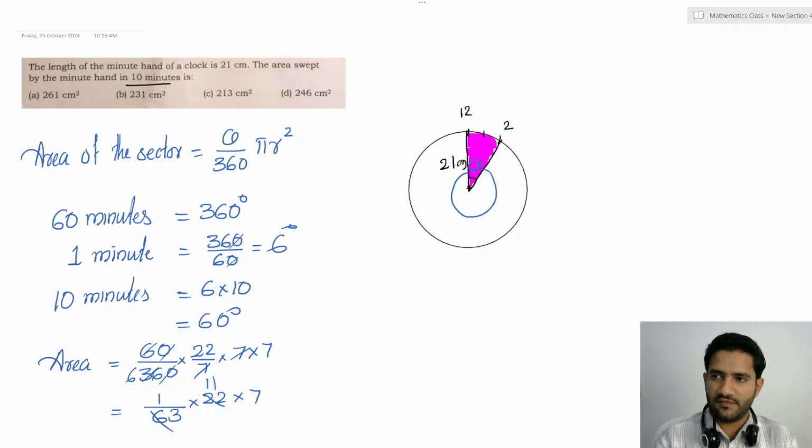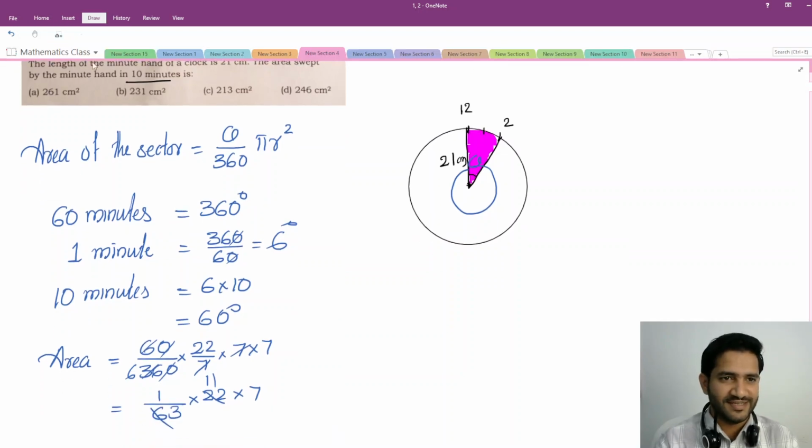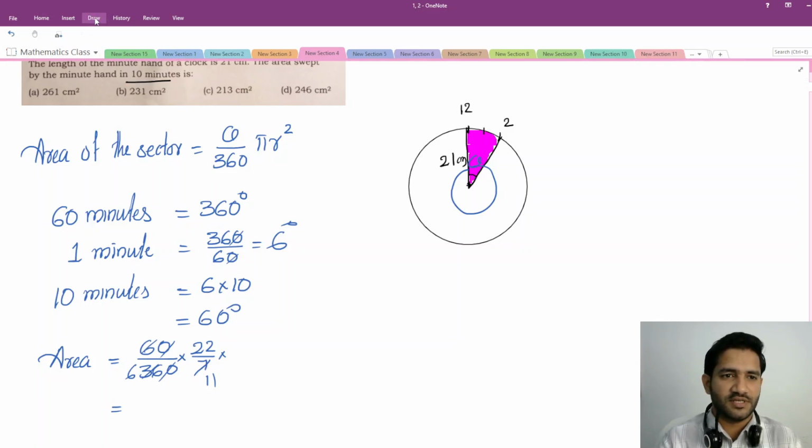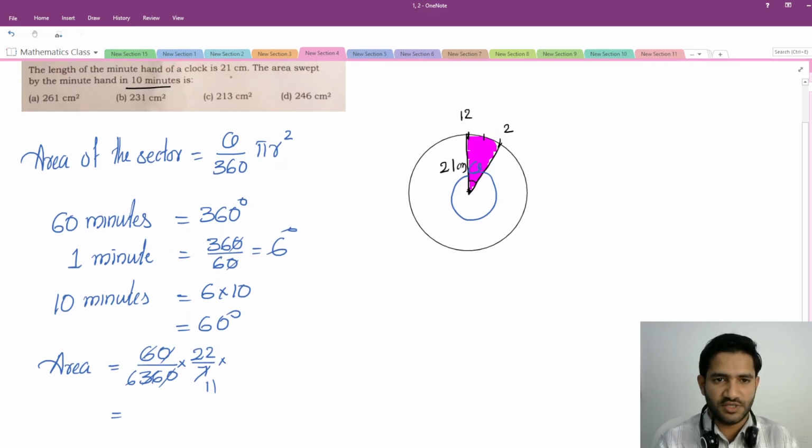Here we have 7, but it is not 7. In the question it is given as 21. There is a mistake here in the calculation. Look at the question: the radius is 21. We want to write 21 into 21.